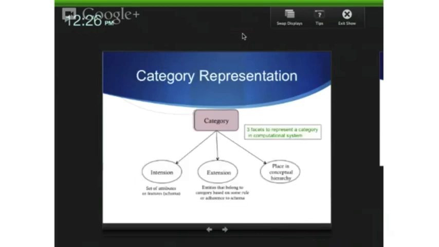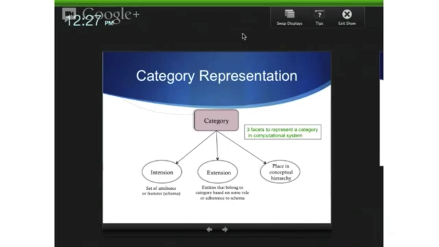Let's see how we actually represent a category in our computational system. We normally use three facets to represent a category: intension, extension, and place in conceptual hierarchy. Intension is either a rule or a set of attributes or features in a schema. Extension are the entities that belong to a category based on the rule described in the intension or adherence to the schema.